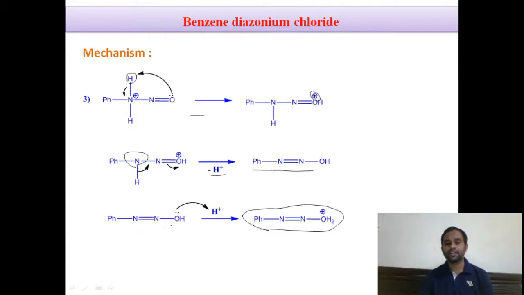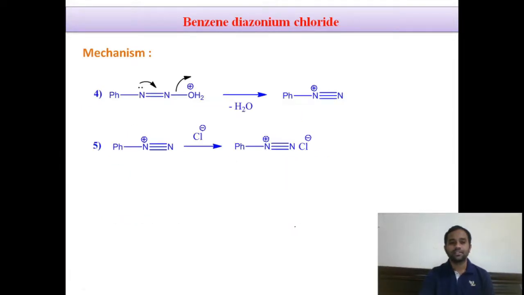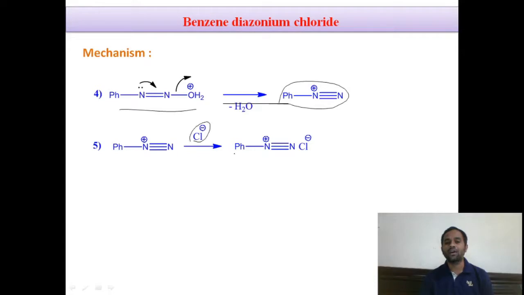This hydroxy diazo compound further undergoes protonation to give this intermediate, right? And this intermediate loses a water molecule to form our desired benzene diazonium, which is stabilized by the anion to form benzene diazonium chloride, right?